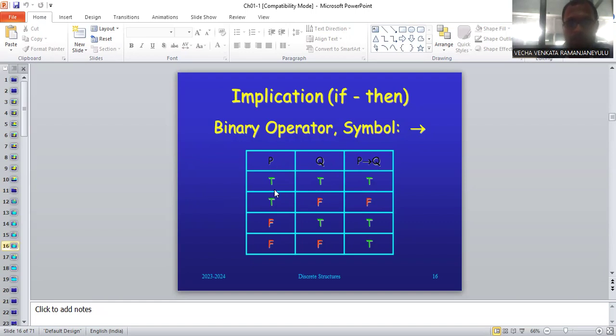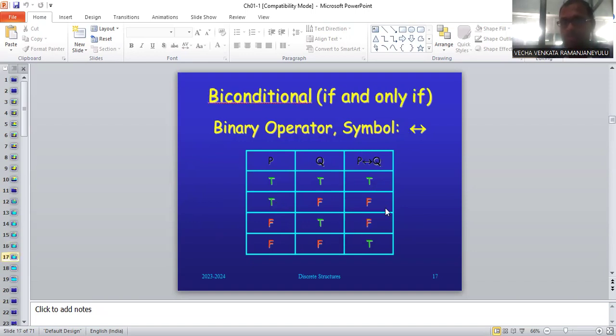Here, when P is true and Q is true, true is the result. Next, when P is true and Q is false, false is the result. Whenever P is true and Q is false, my answer is false.